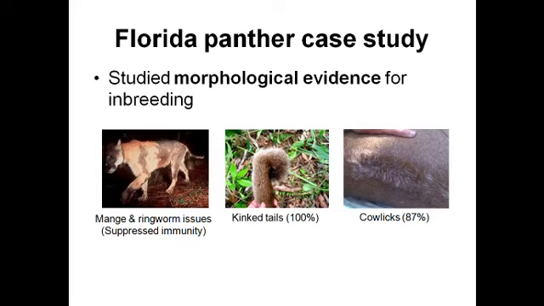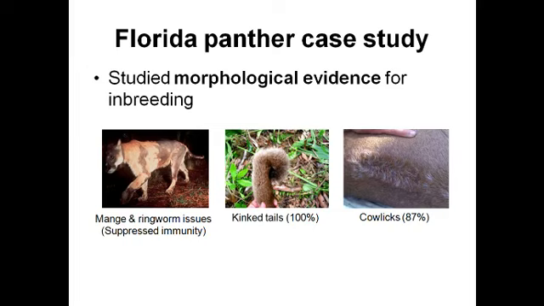When they were studying the morphological evidence, or external features, for inbreeding, they found that many Florida panthers have signs of suppressed immunity, mange or ringworm issues, and they collected this data mainly by game cameras.